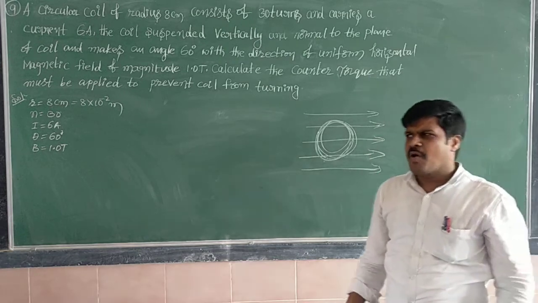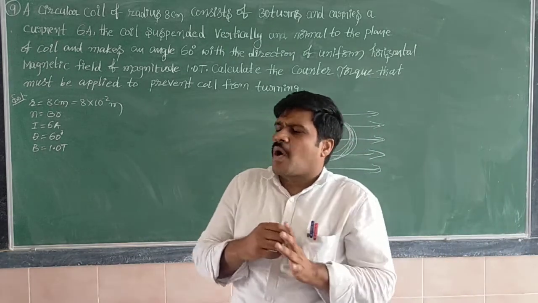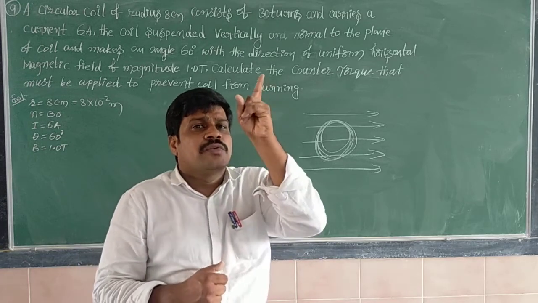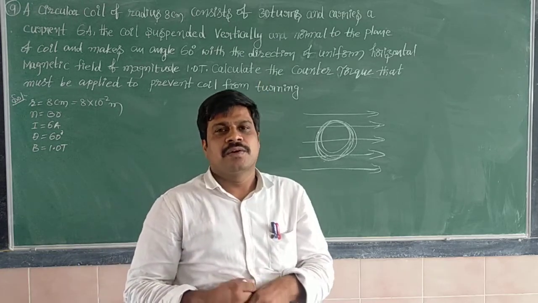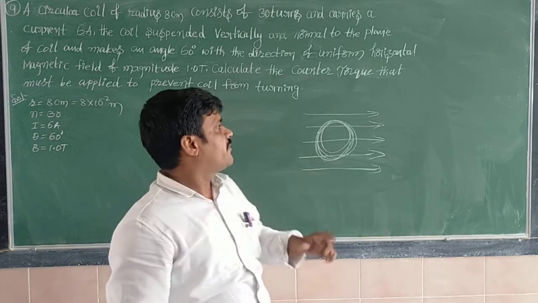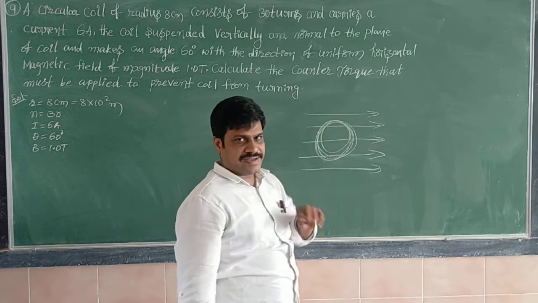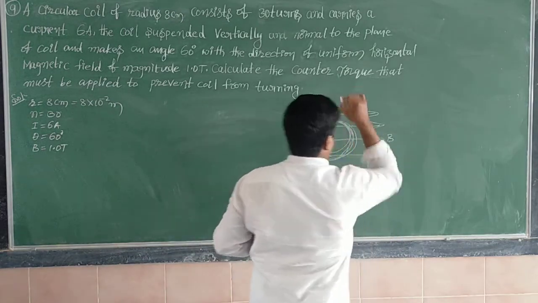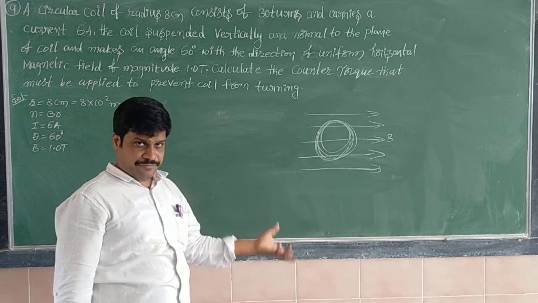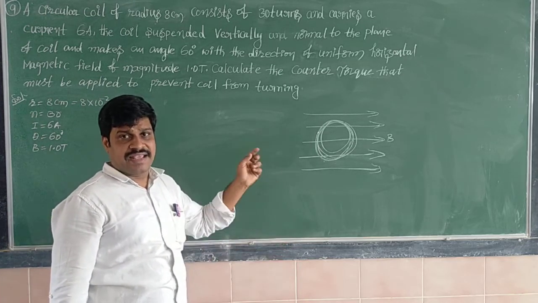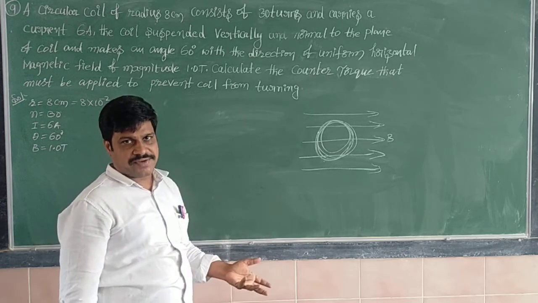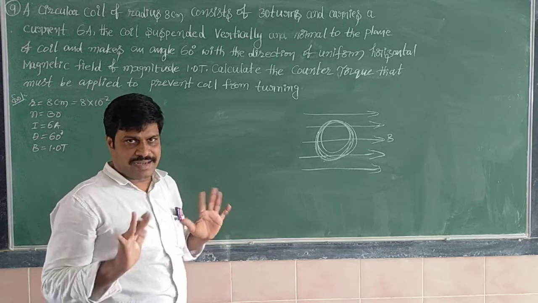How much counter torque do we have to give to the coil to stop it turning? Whatever torque it experiences when placed in this magnetic field, what is the amount of torque it is experiencing? For that, an equivalent torque we have to apply to the coil in the opposite direction. Then only it will not turn.